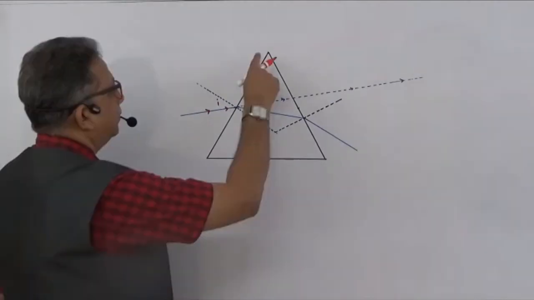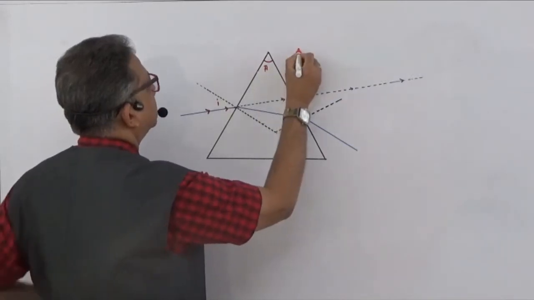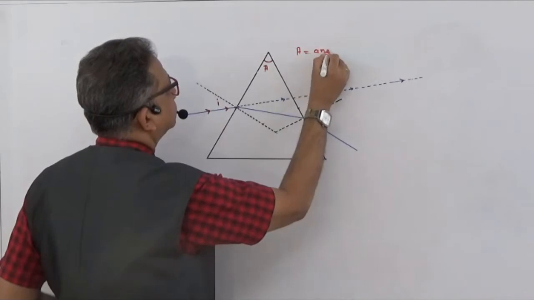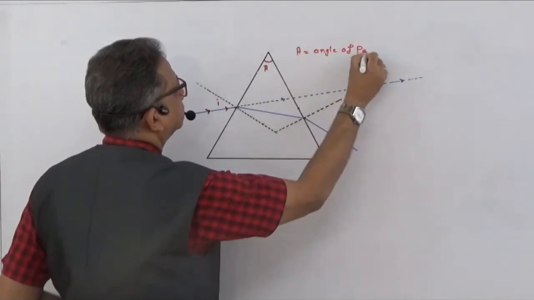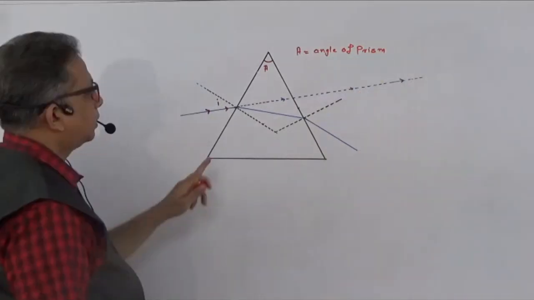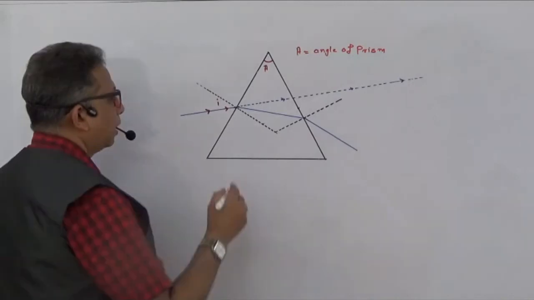Before that, if this is a triangle, this angle A is called the angle of prism. Now this prism is made up of glass material, and it will have some refractive index.